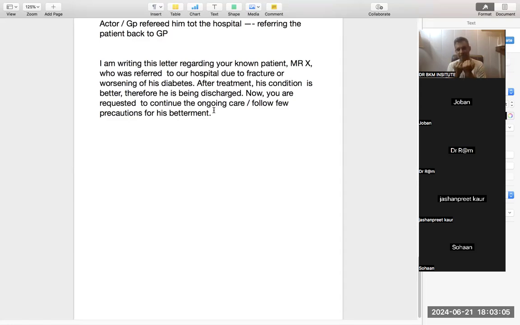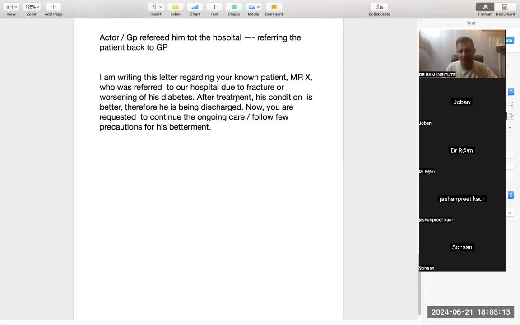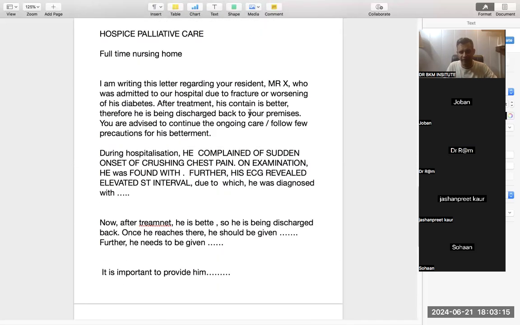Due to this, after treatment, his condition is better, so he's being discharged. Now you are requested to continue. That's it. Nothing changes. Even in this case, you can use now. But you cannot say now because patient is being discharged. So you will simply say you are advised to.